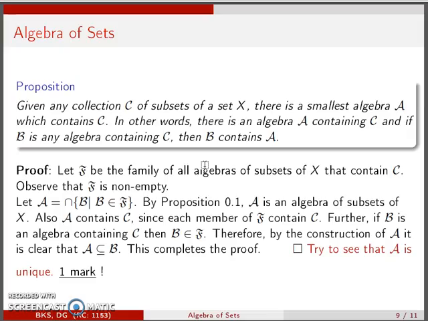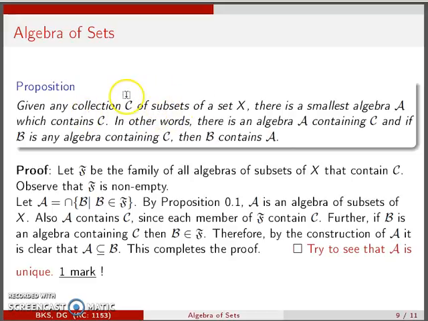Next proposition says that given any collection script C of subsets of a set X, there is a smallest algebra script A which contains C. In other words, there is an algebra script A containing script C, and if script B is any algebra containing script C, then script B contains A. So this collection of subsets may not itself be an algebra.